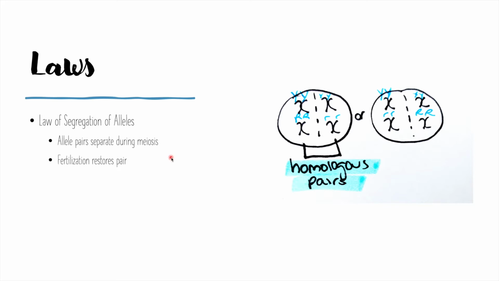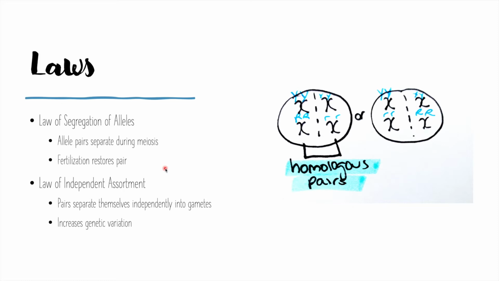The way alleles separate in meiosis is random. If different alleles are present in the parent, meaning that they are heterozygous for that certain trait, there is a 50% chance that the gamete will receive the dominant allele and a 50% chance the gamete will receive the recessive allele. We will be going over an example later in the video.